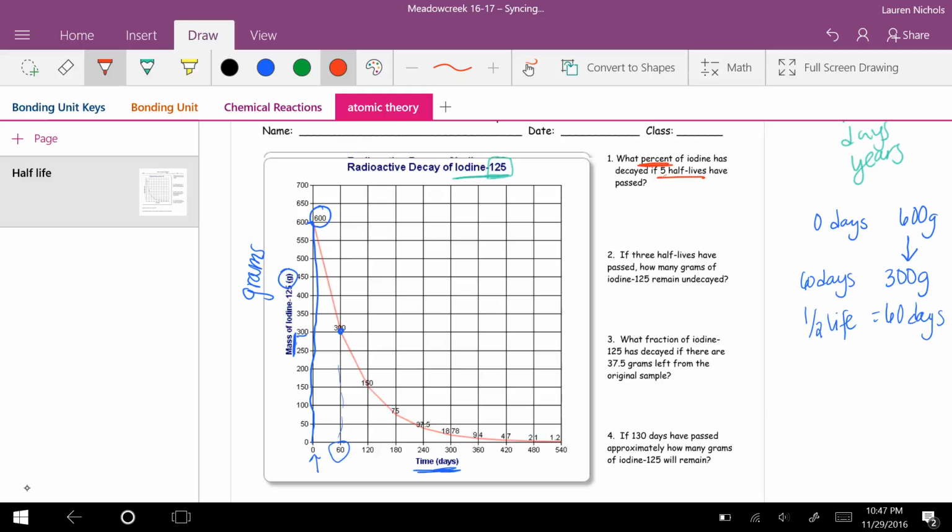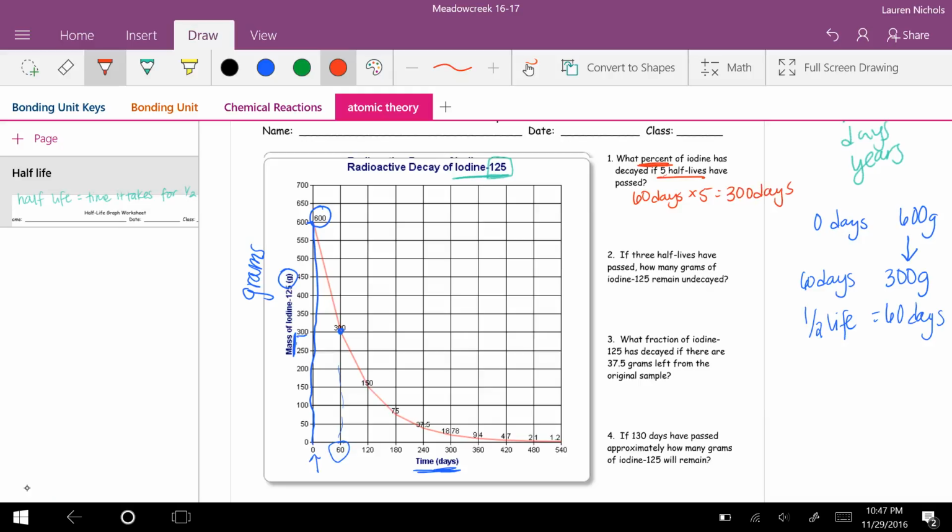Now we know that 60 days is 1 half-life. So how many days has passed if 5 half-lives have gone by? So if we say 60 days times 5, we get 300 days.